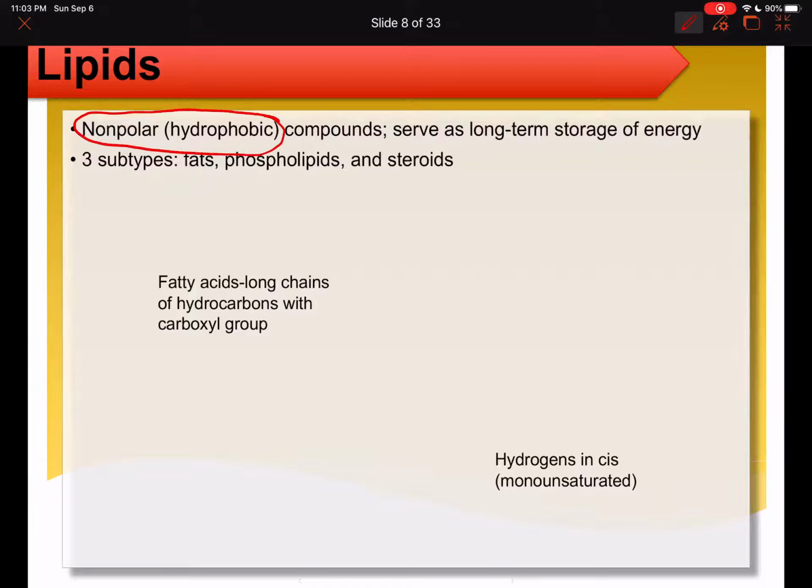So they tend to repel water molecules. Remember my little picture from last chapter about the oil versus the vinegar, and how the vinegar formed little dark circles in olive oil because oil and water don't mix. Same with lipids: they are just nonpolar and hydrophobic.